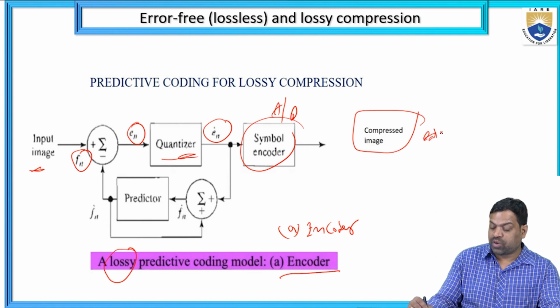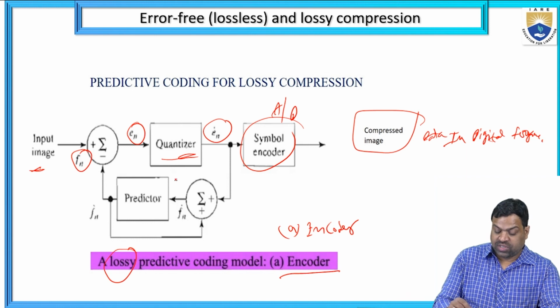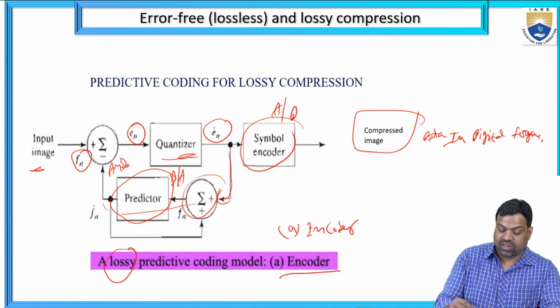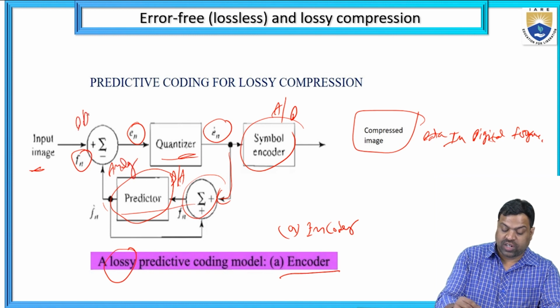Compressed data is in the form of digital data. So this predictor is converting from analog to digital, and the same in reverse, digital to analog. Output is analog.